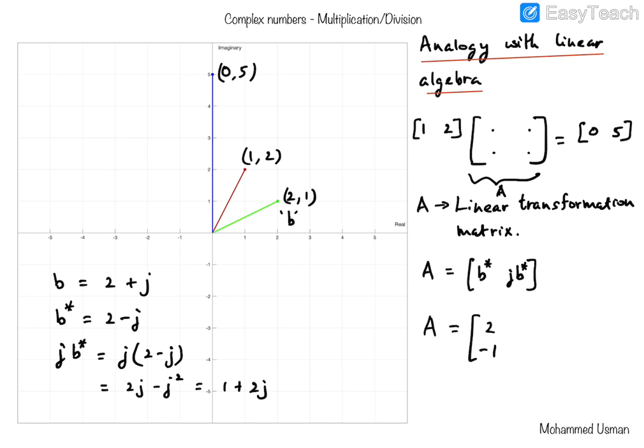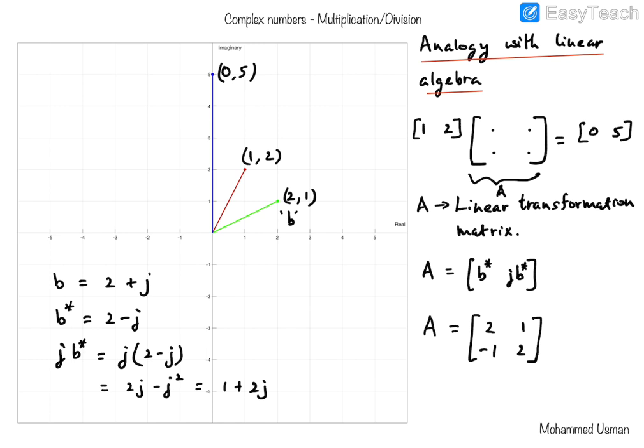And the second column of the matrix A is the real and imaginary parts of the complex number j times b star, which is 1 plus 2j. So the real part is 1 and the imaginary part is 2. So we'll have it as 1 and 2 as the elements of the second column of this matrix A. Now when we multiply the vector 1 comma 2 with this matrix A, we will get the same resulting vector 0, 5.